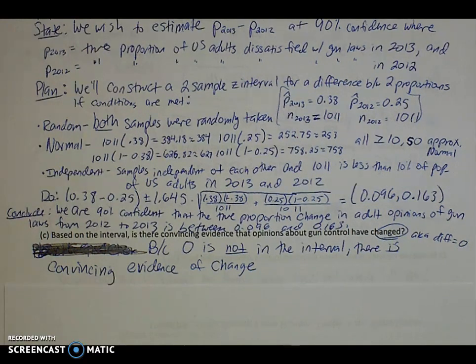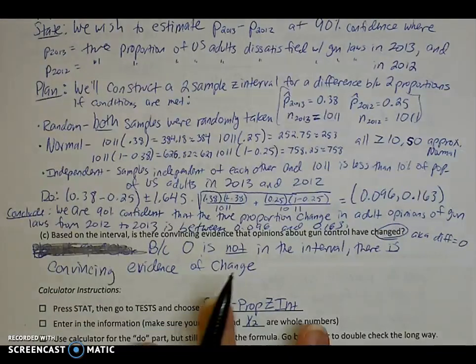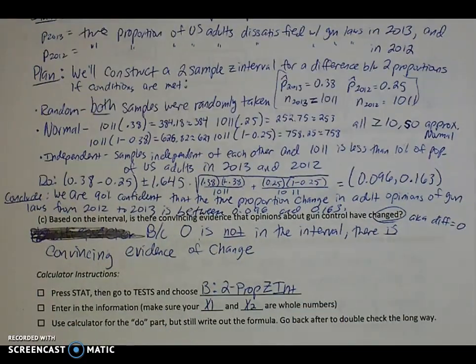Now, there is a way, like I said, to do this in your calculator. So let's fill in the calculator steps so you can try that out, see if it worked for this example, and then for the next example that you're going to do on your own. So if you're doing this in your calculator, you're going to go to Stat, and you're going to go to Tests. And in most calculators, it's option B, and it's called 2 proportion Z int for interval.